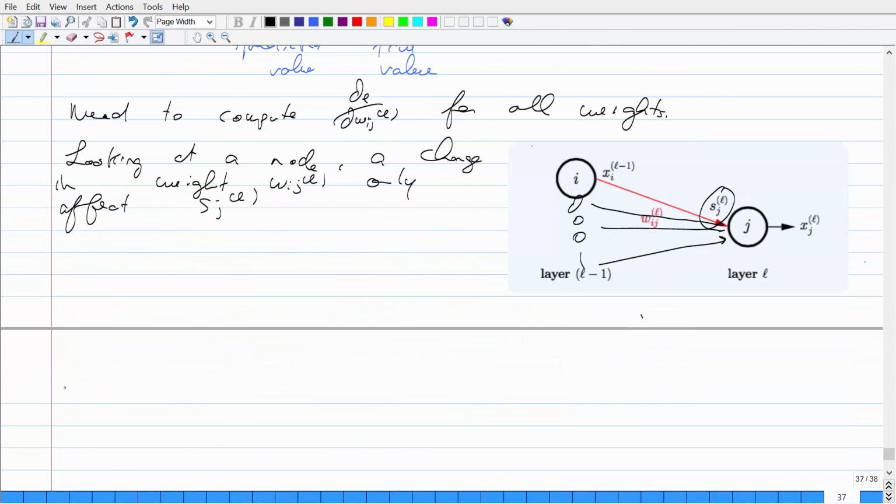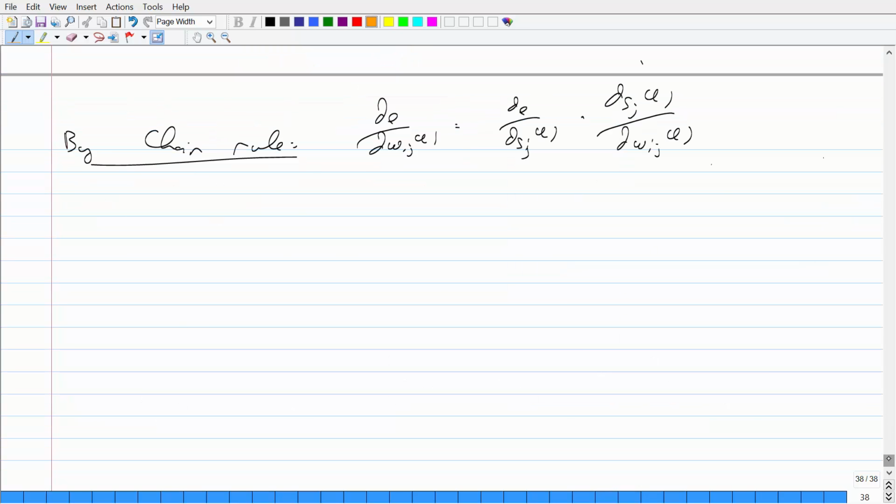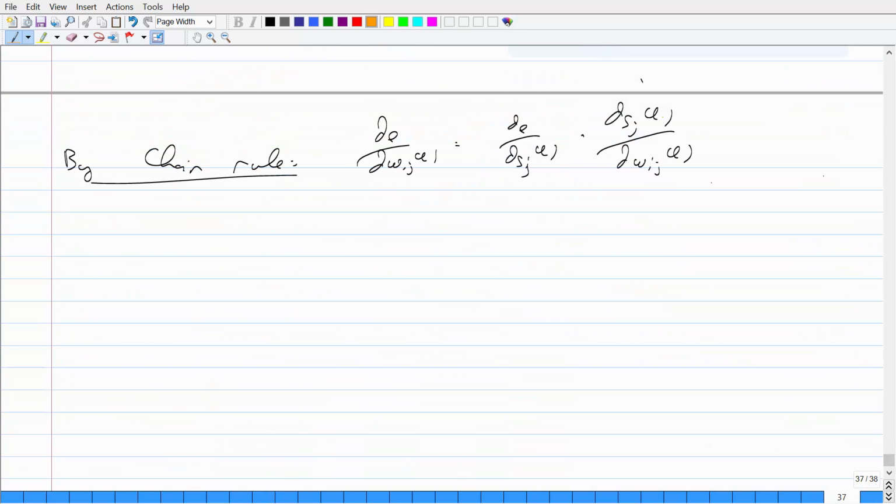By chain rule, if I want to compute this term here, this is what I need to compute, and this will give us the update that I need. You can chain this into two operations, and this is just by chain rule. So I can take this computation and split it up into a product of two terms by chain rule.